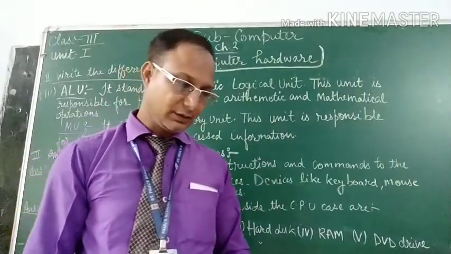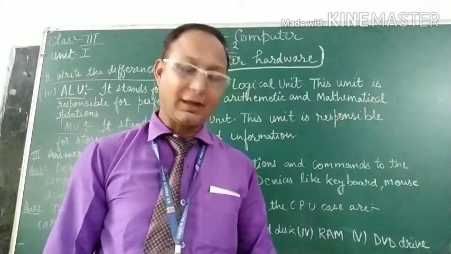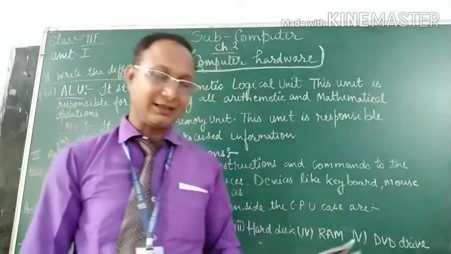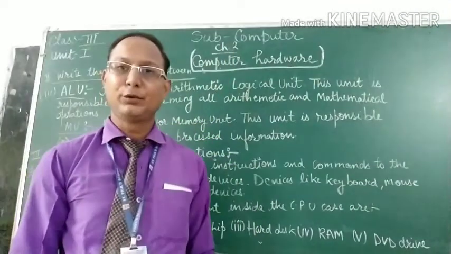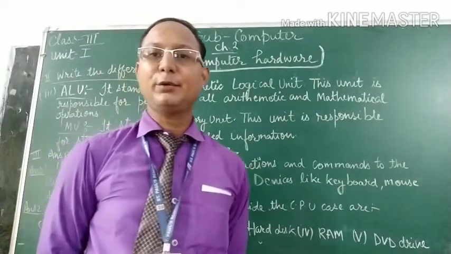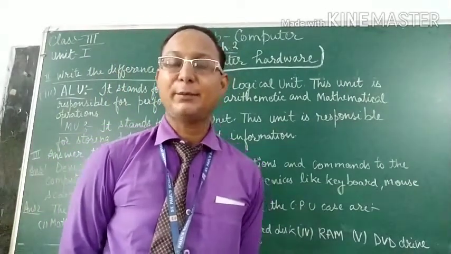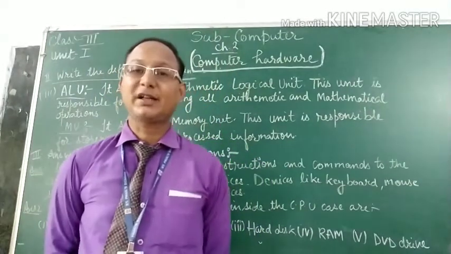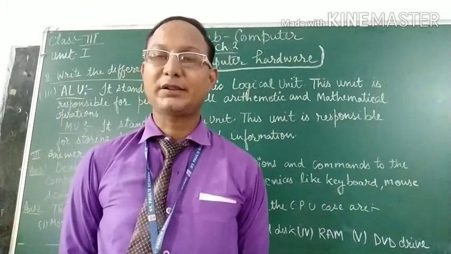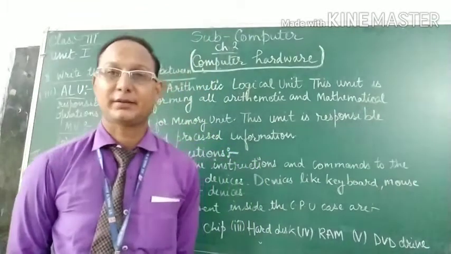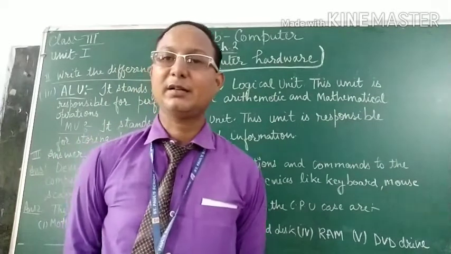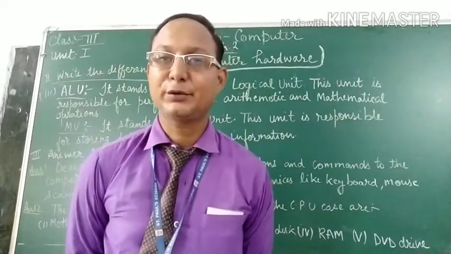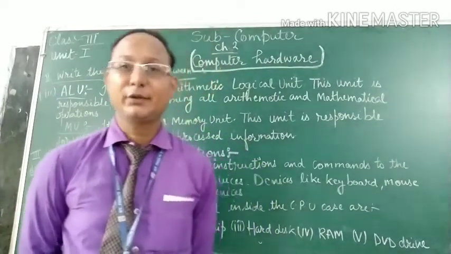Okay students, now we will do the last difference, that is ALU and MU. Do you know ALU and MU? What do ALU and MU stand for? ALU stands for Arithmetic Logical Unit, and MU stands for Memory Unit.